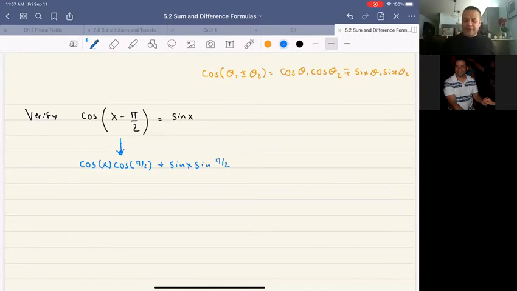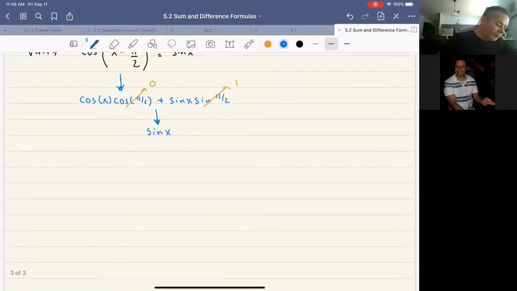What's cosine of pi over 2? Cosine of pi over 2 is, of course, 0. And sine of pi over 2 is, of course, 1. So, going down, we get sine of x.